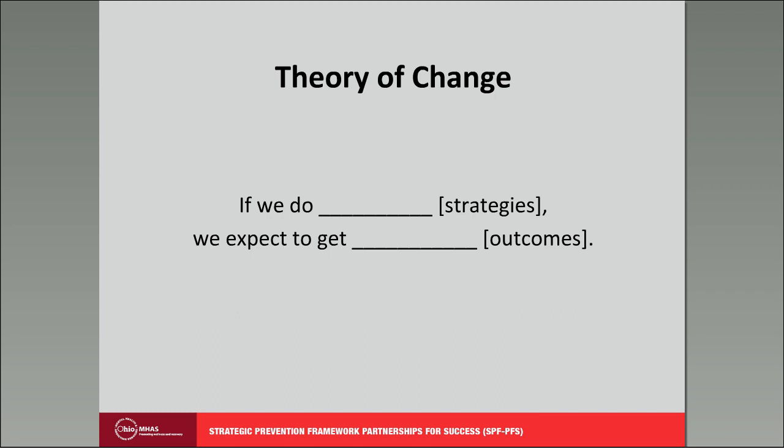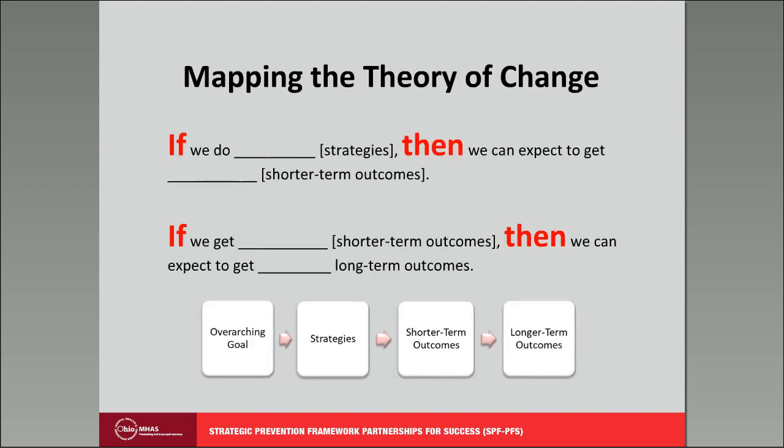Simply stated, a theory of change provides an explication of our understanding of what strategies will lead to the outcomes we intend to pursue for populations that we are working with. Here's an example. A community's theory of change can be mapped as a logic chain or sequence of if-then statements.